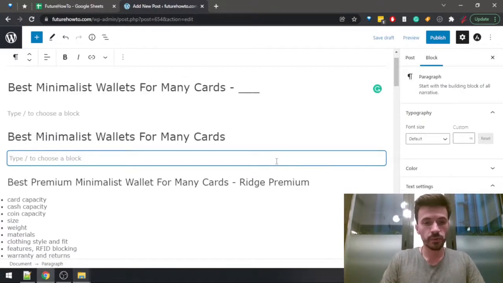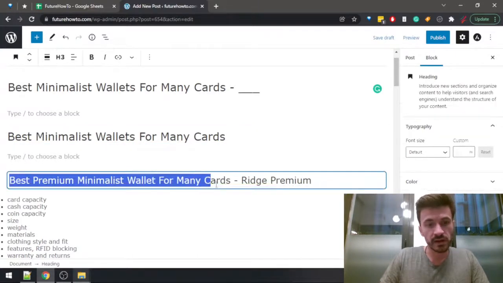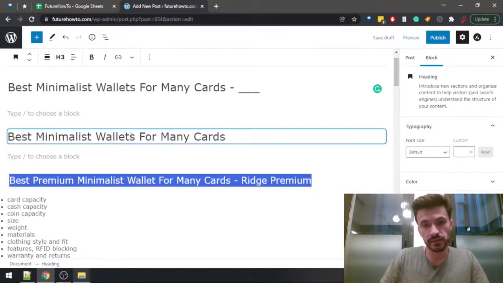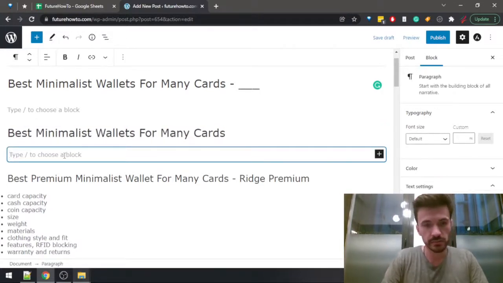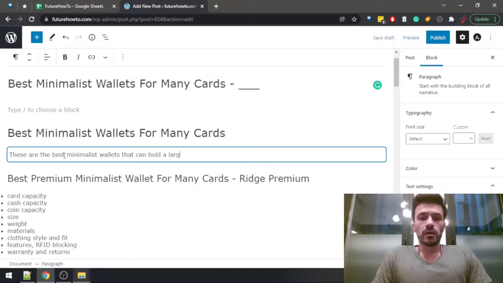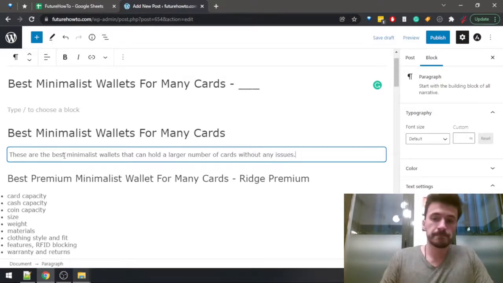When I do this type of header structure with the items being H3s instead of H2s, I usually have just one sentence here, maybe like: these are the best minimalist wallets that can hold a larger number of cards without any issues.